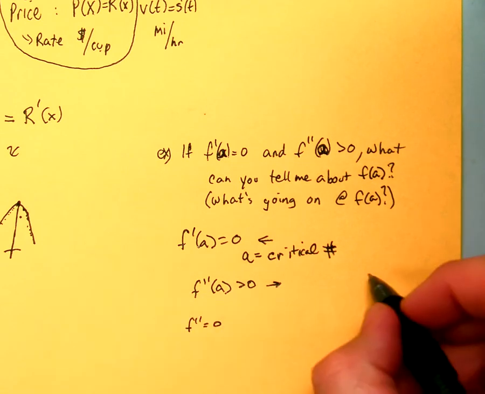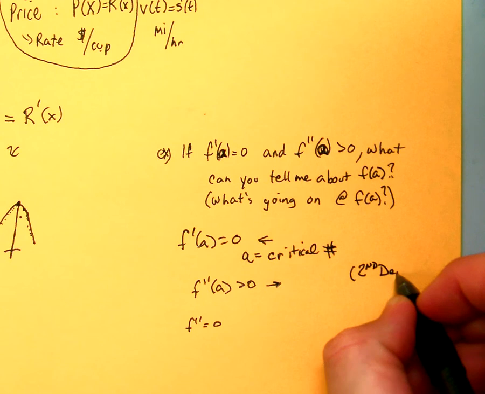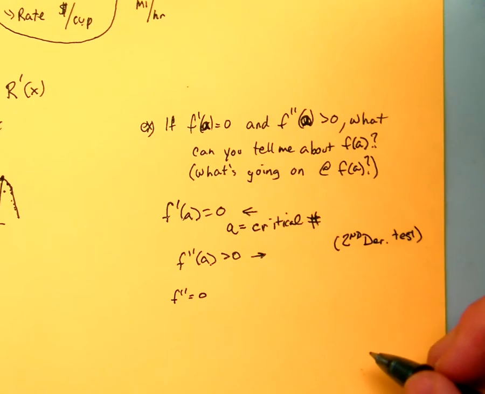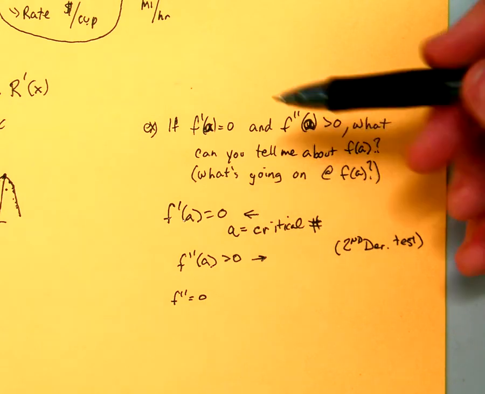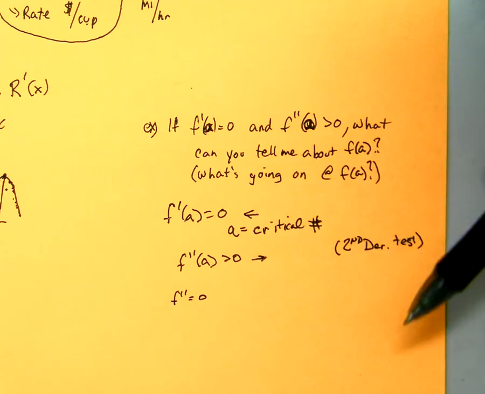I'll give you a hint. This is the second derivative test. No, the second derivative test is all about minimums and maximums. If you apply basically the first derivative test to the second derivative, you can determine concavity.